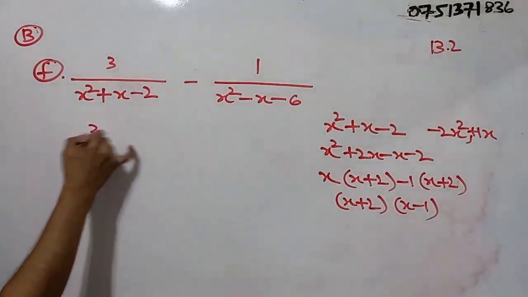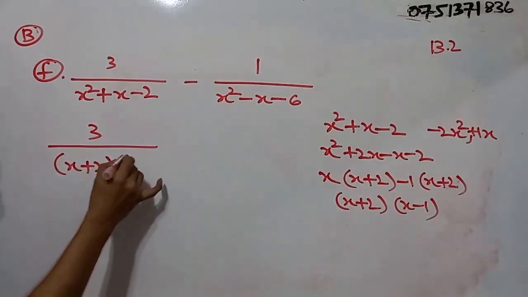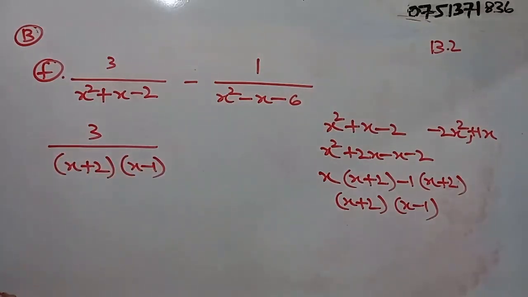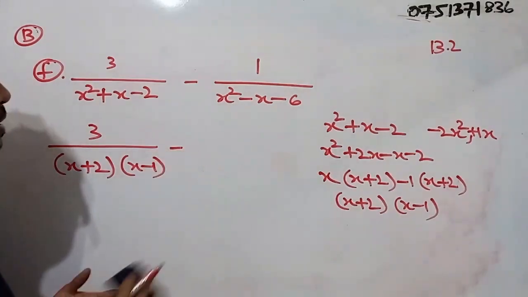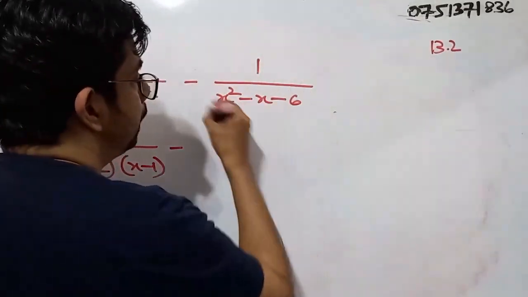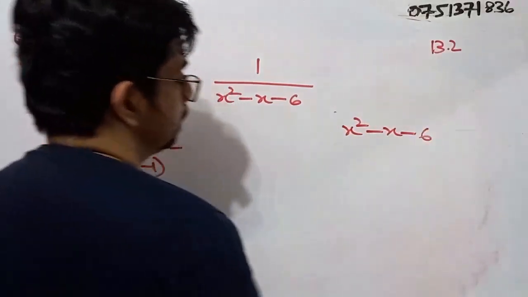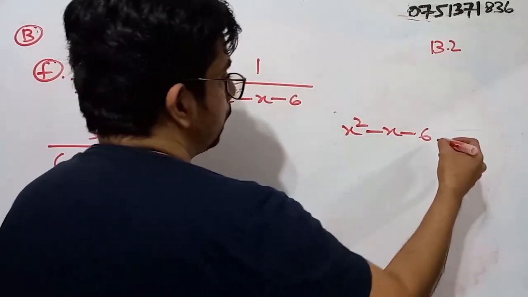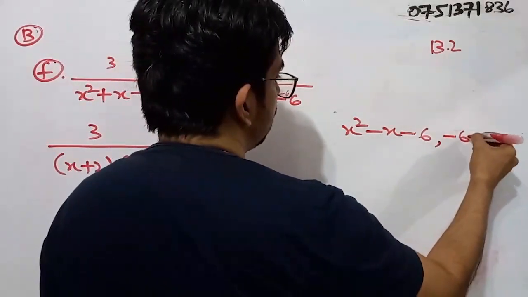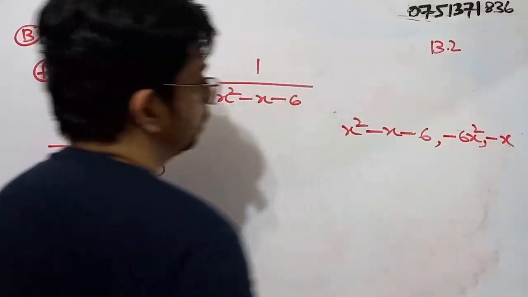So we can write 3 divided by x plus 2 and x minus 1, minus, okay, so now we can consider this expression. So x squared minus x minus 6. Okay, so when we multiply the first term and the last term, we get negative 6x squared and the middle term is negative x, right?